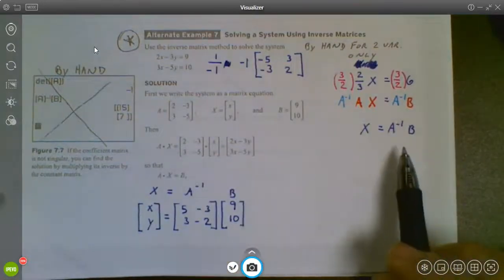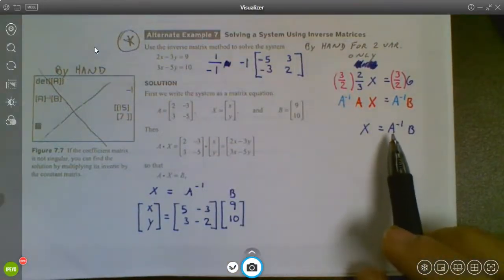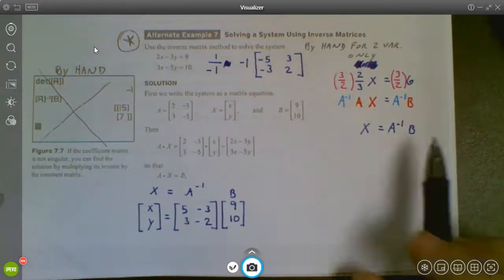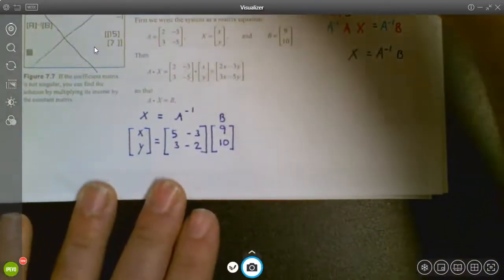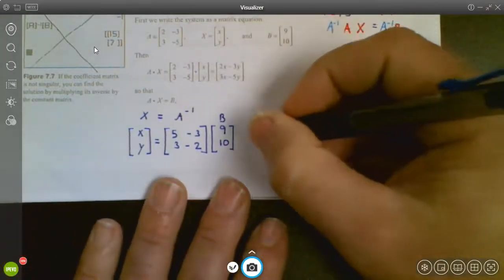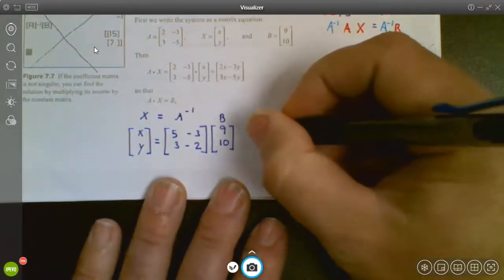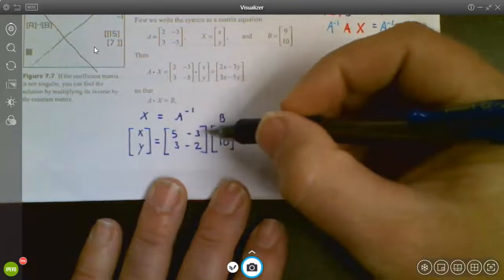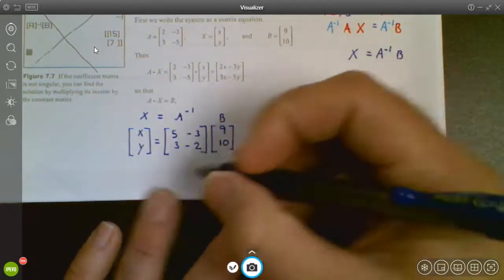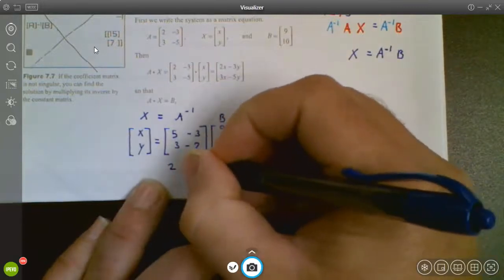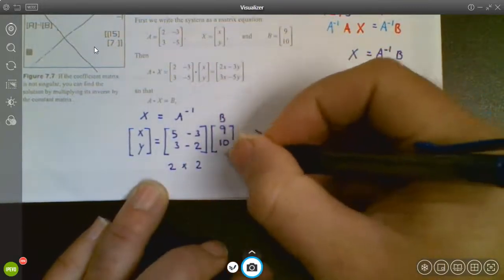So now we've achieved this goal right here. We figured out the inverse of A. We're going to multiply it times B to get our solutions for X and Y. So remember how we multiply these guys? You do a row times a column. So again, this is a 2 by 2. I'll write it this way. This guy's a 2 by 1.